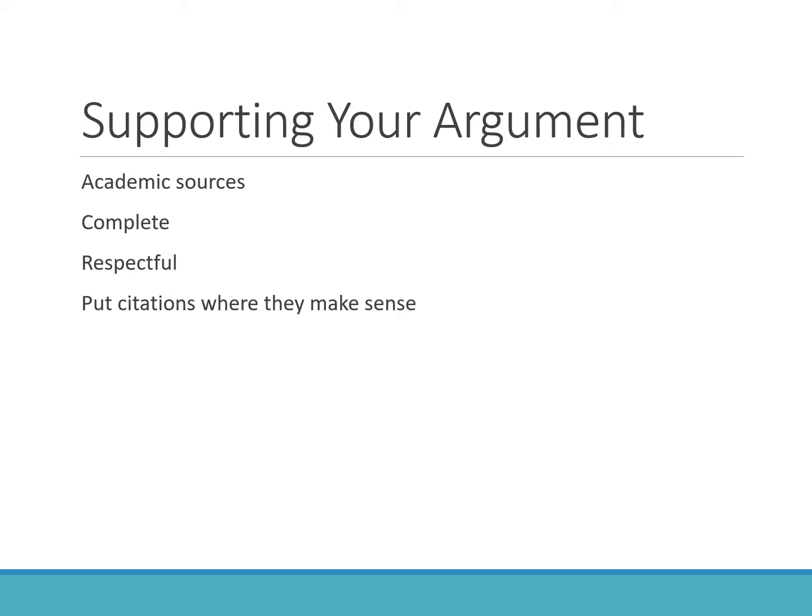So if you're saying some studies found support for this argument while other studies have contradicted the argument, and you put all your citations at the end, then it's not going to be clear which studies support and which studies contradict it. In contrast, if you say some studies support this argument, put the supporting articles there, while others contradict this argument, and put the contradicting articles there, then that can really strengthen your argument and make it a little clearer what you're citing and why.